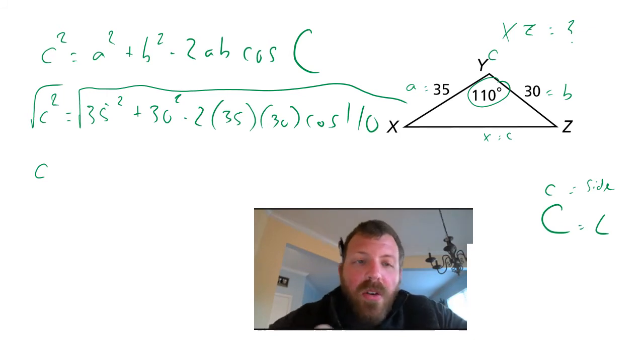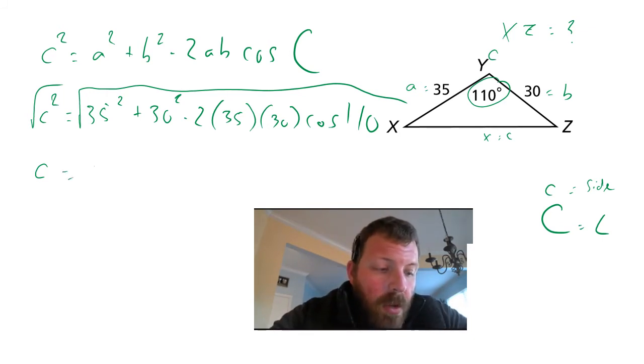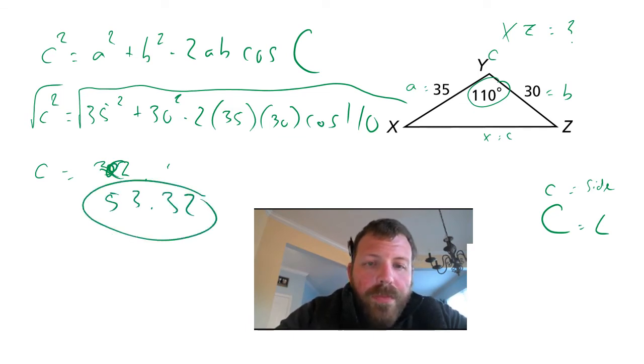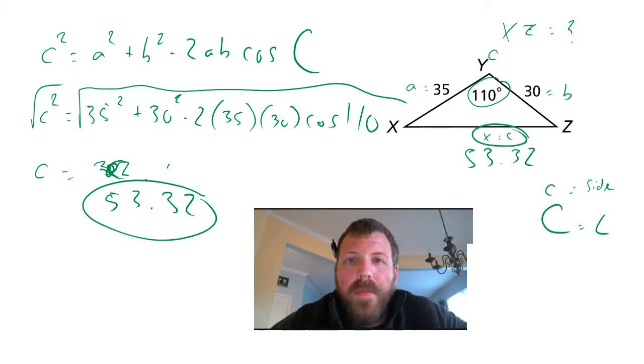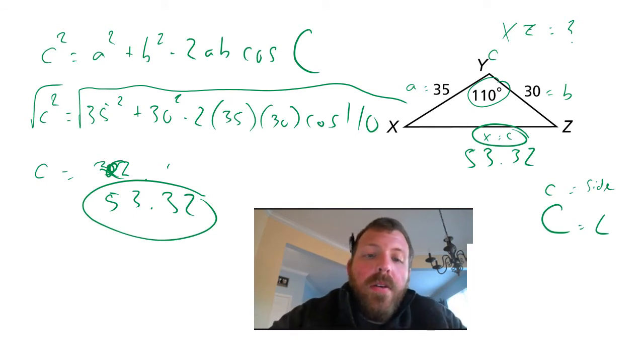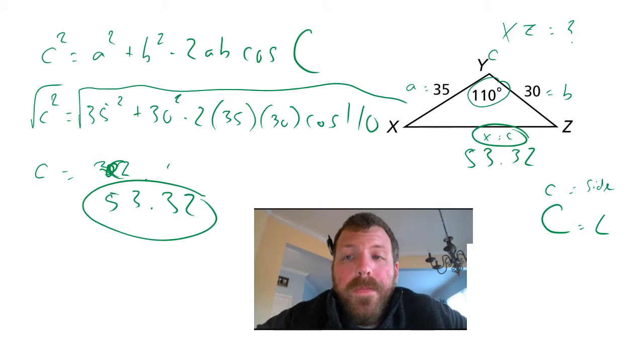At the end, you're still going to get the same answer, which is approximately 53.32. That's going to be the length of this side. After you plug this in the calculator, it's going to spit out an answer of 53.32.